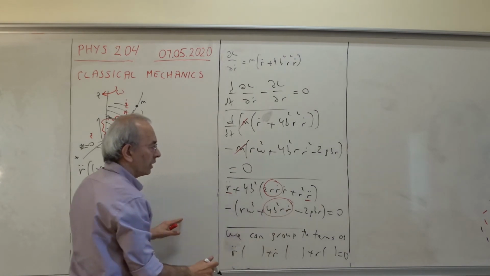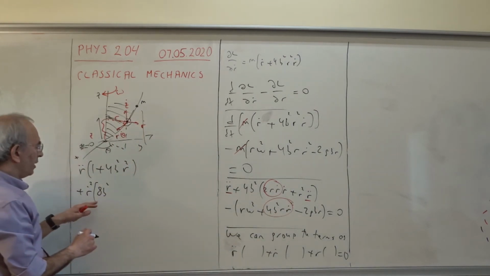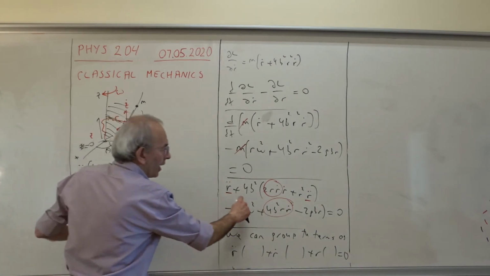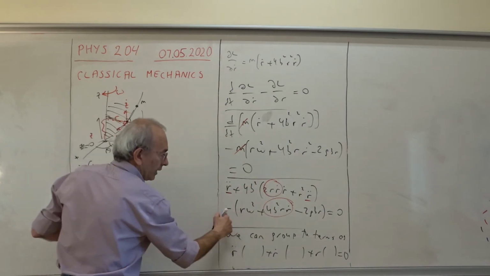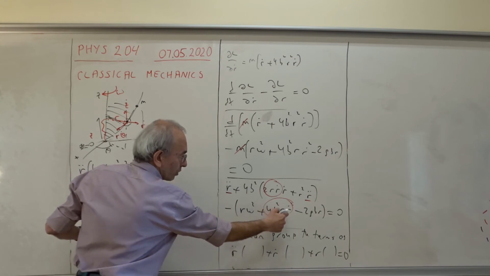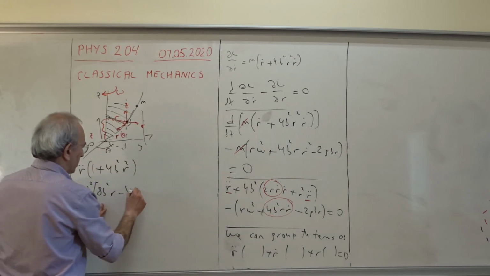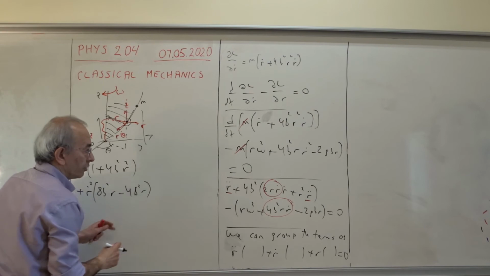Those are r dot squared. So r dot squared multiplied by 8b squared r, but minus 4b squared r. So this is also finished.